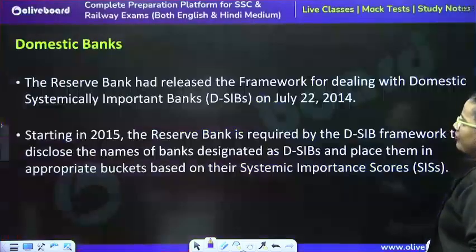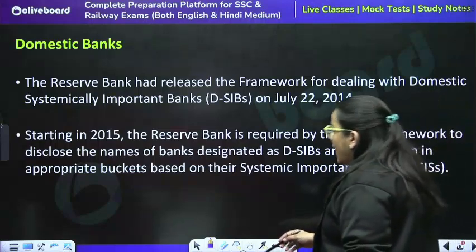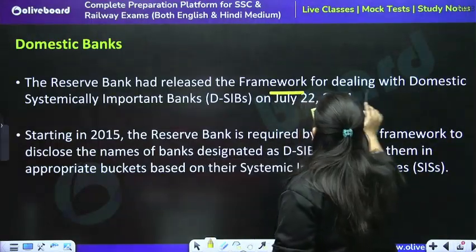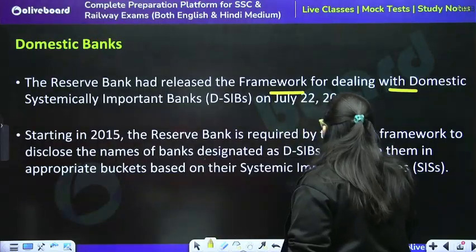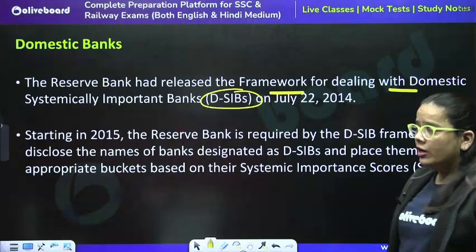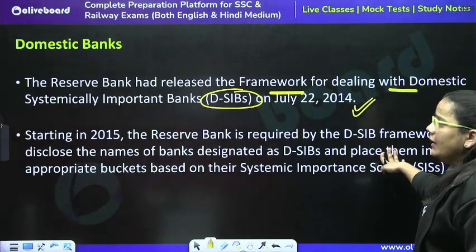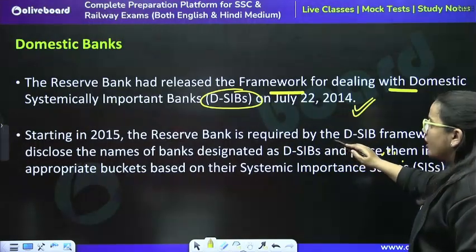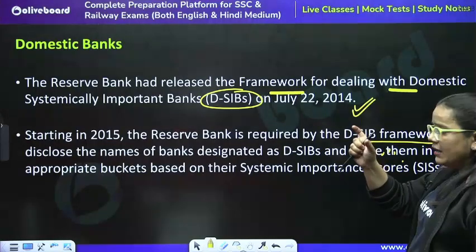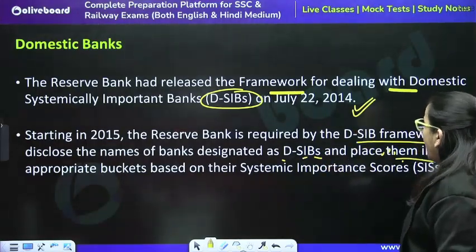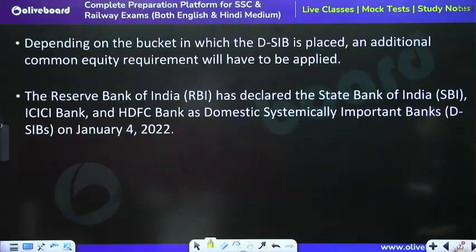Now, first of all, let's talk about domestic banks. The RBI has released a framework for dealing with domestic systemically important banks, or D-SIBs. You have definitely heard about the SIBs. Starting in 2015, the RBI is required by the D-SIB framework to disclose the names of banks designated as D-SIBs and place them in an appropriate bucket based on their systemic importance score.